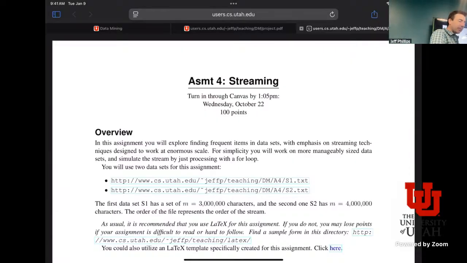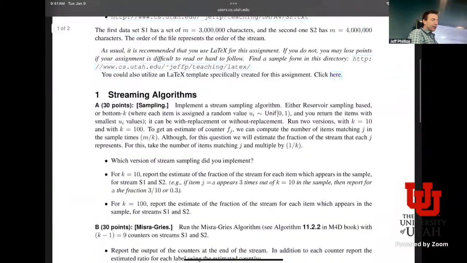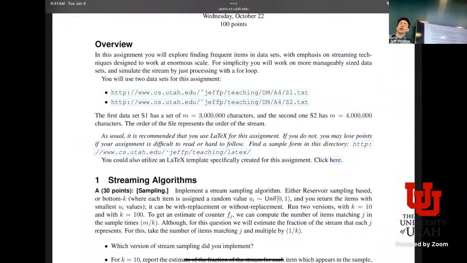It is practice with the streaming algorithms. You'll be doing 2 data sets, which are long strings of, I think, just lowercase letters, or at least just characters, and you'll treat those as elements of a stream, either 3 million or 4 million, so still pretty small data sets.